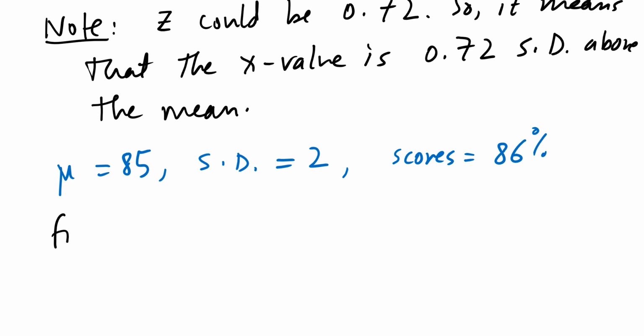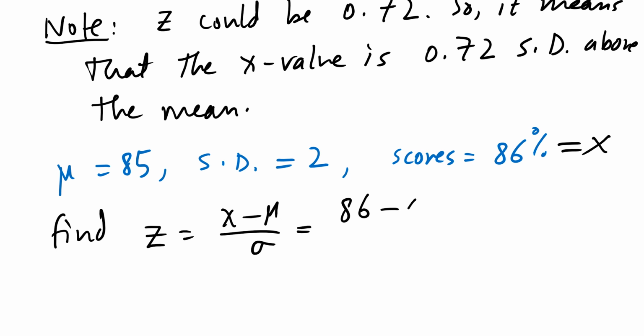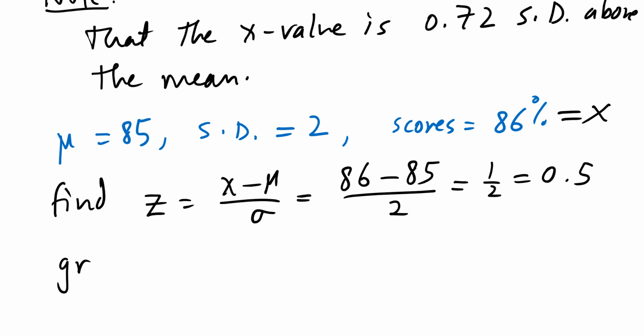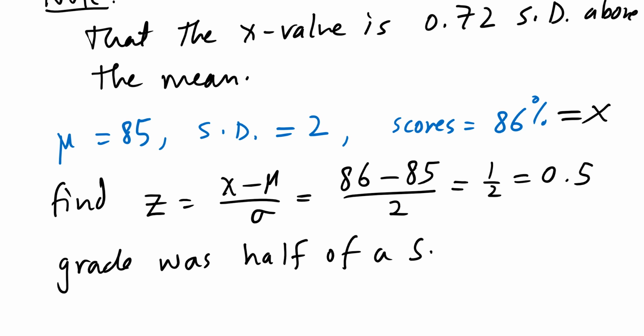So we find the z-score. z is x minus mu over the standard deviation. x is 86, the mean is 85, standard deviation 2. So that's 1/2. This means the student's grade was half of a standard deviation above the mean.